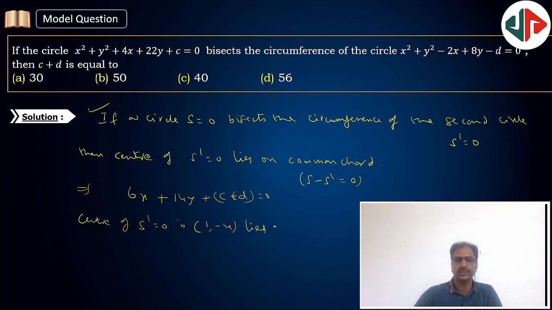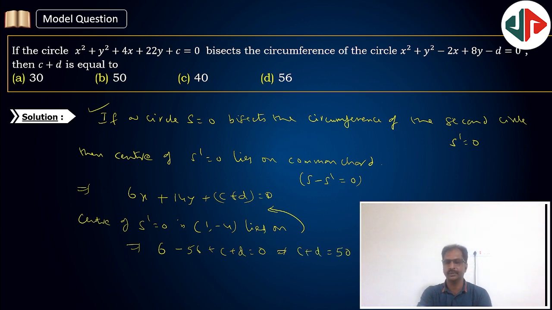This lies on the common chord. Substitute this point in it: 6 minus 56 plus C plus D is equal to 0. So from this, C plus D is equal to 50, option.